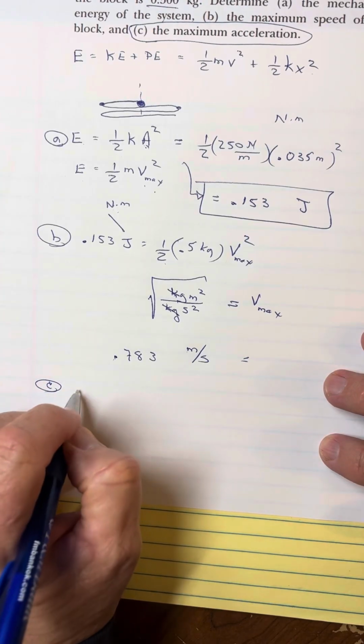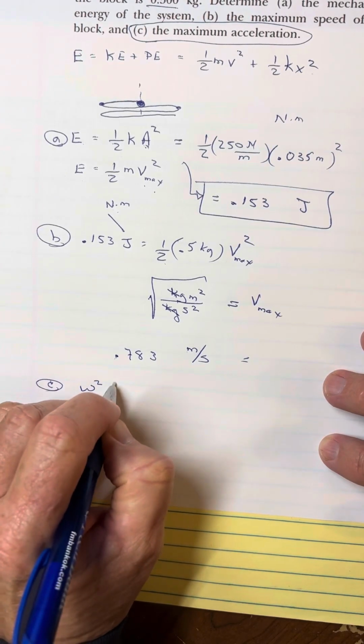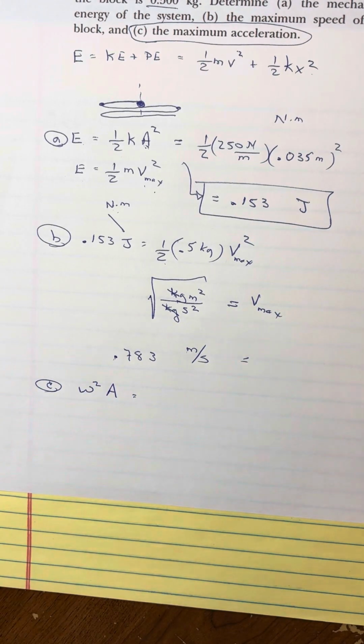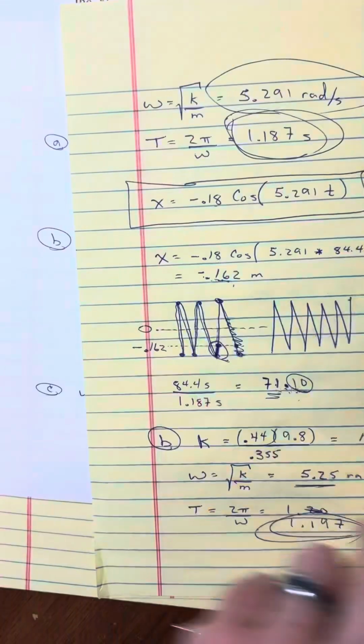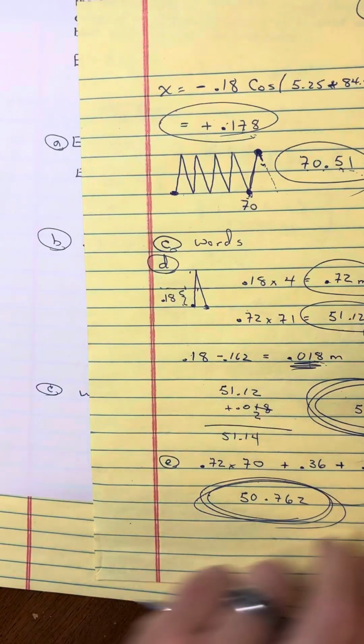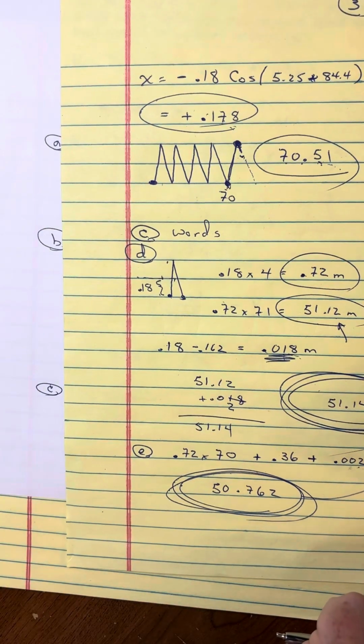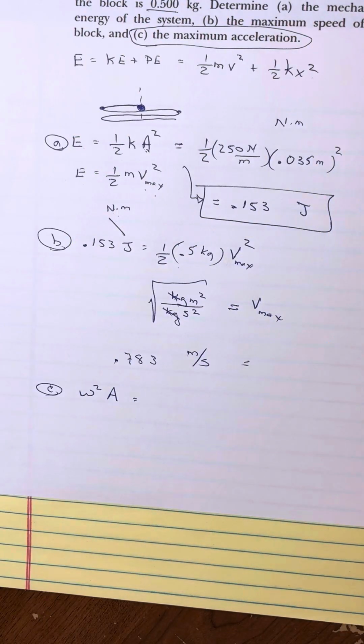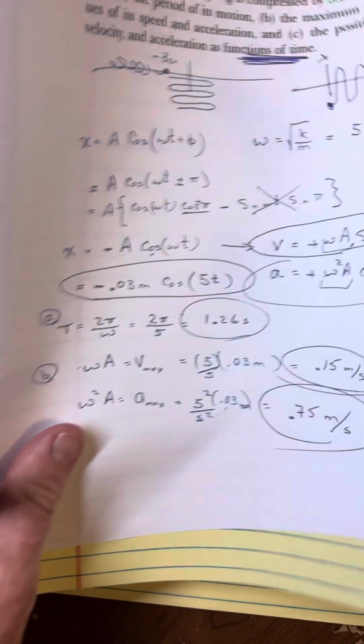I'm tempted to go omega squared A like we did in the first problem. Where did that go? That real long one here, number 4. No, maybe it was the other one. Yeah, sorry, it was number 10.